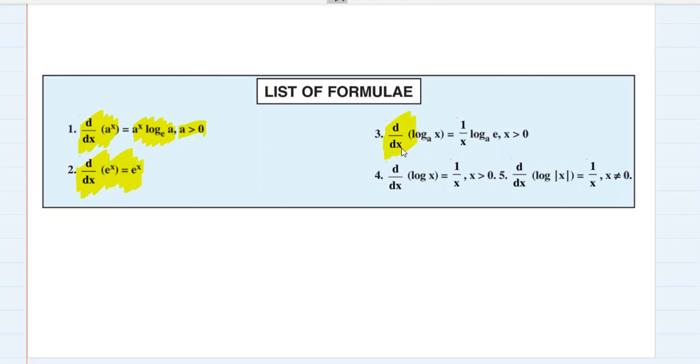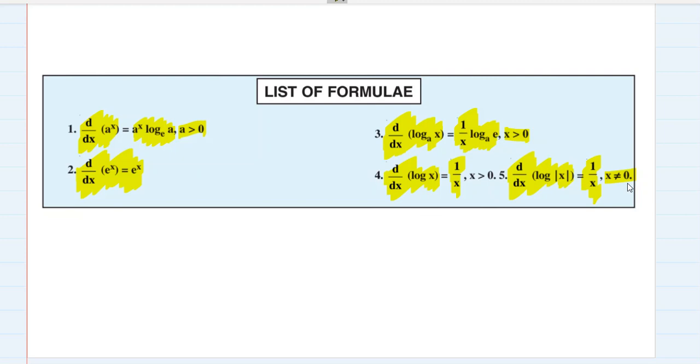D by dx of log of x to the base a is 1 by x multiplied by log of e to the base a when x is greater than 0. D by dx of log of x is 1 by x where x is greater than 0, and the base over here is e. And d by dx of log of mod of x is also 1 by x where x is not equal to 0.